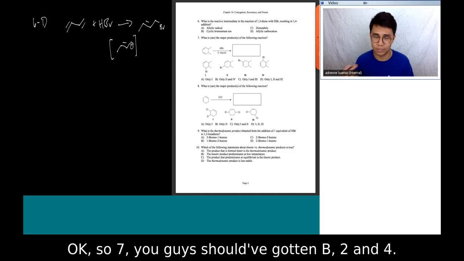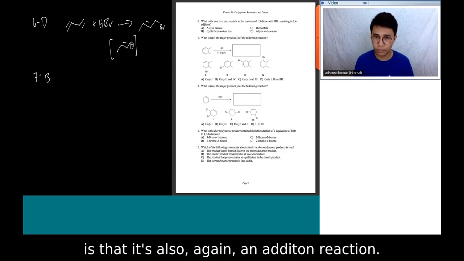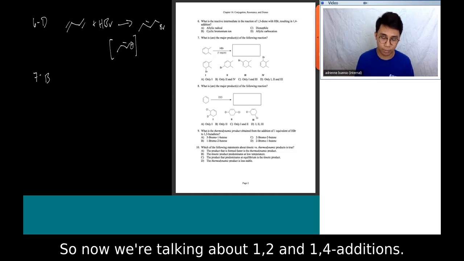Okay, so 7, you guys should have gone B, right? 2 and 4, following reaction. So the thing about this one is that it's also, again, an addition reaction. So now we're talking about 1,2 and 1,4 addition, right?